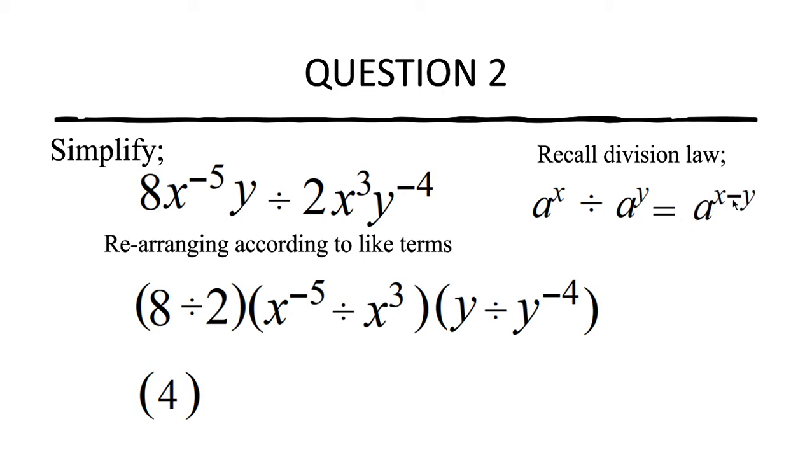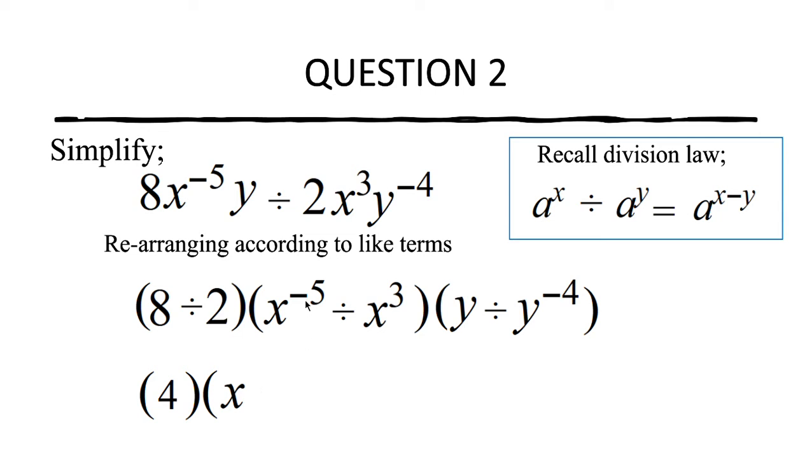So we apply this law to these two. So next is x, I bring out one x, we now have minus 5. Division becomes what? Minus, so it becomes minus 3.